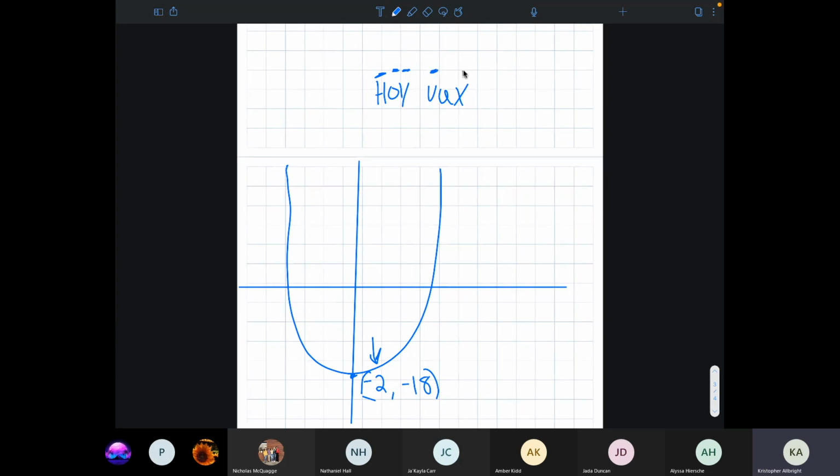Our line is vertical, so it's going to be x equals. So this line will be x equals -2. This came from up here because I know we have a vertical line right here, because that's how our mirror has to face. This x came down here, and then this -2 came up here. That's how I got that from what I had.